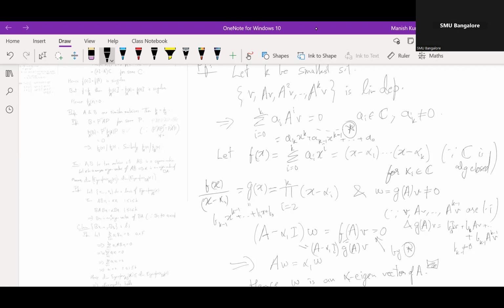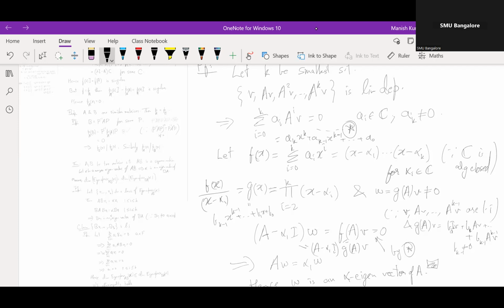But (A minus alpha 1 I) times g(A) is the same as f(A), because f(x) is the same as (x minus alpha 1) times g(x). And f(A) of v is of course 0 by this star; this is how we got this polynomial f using this star. So f(A) times v is obviously 0.